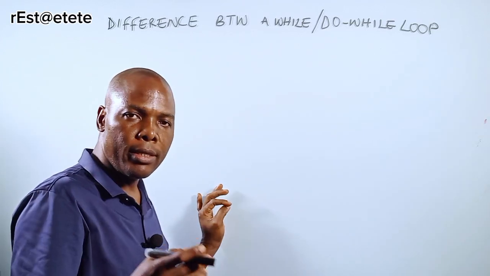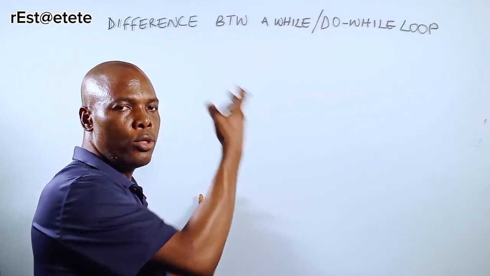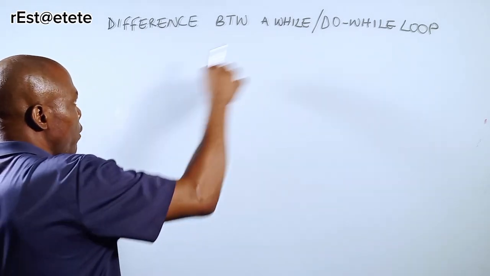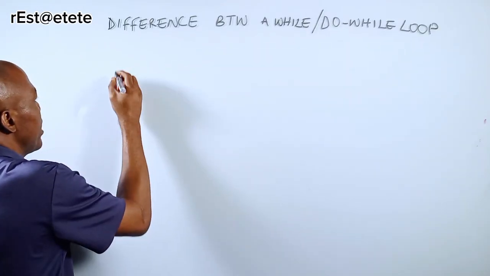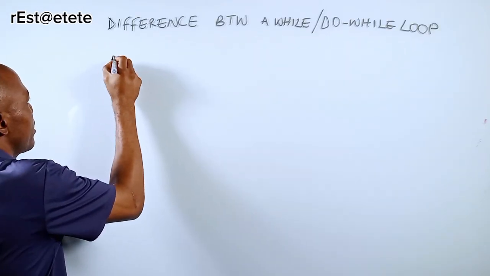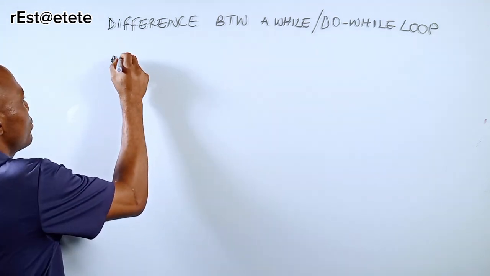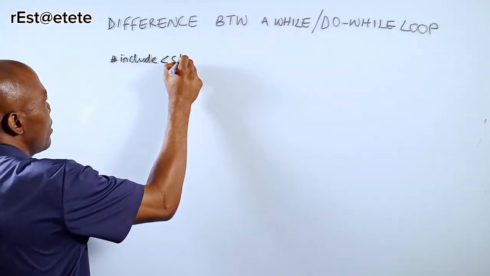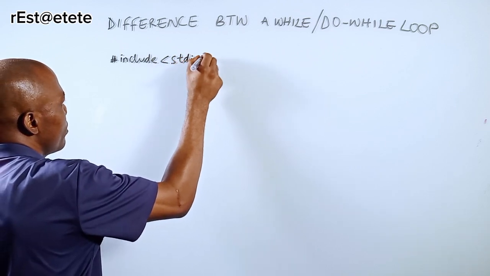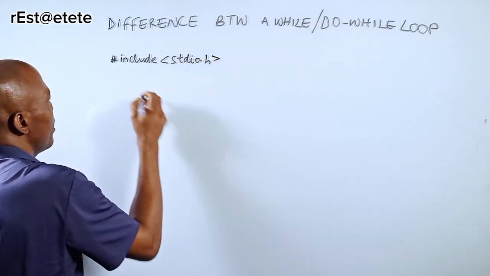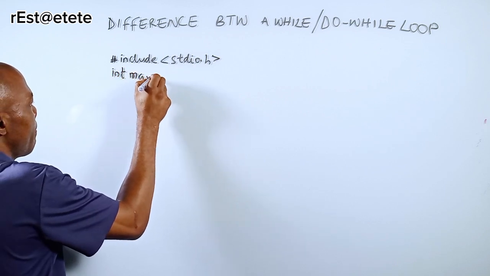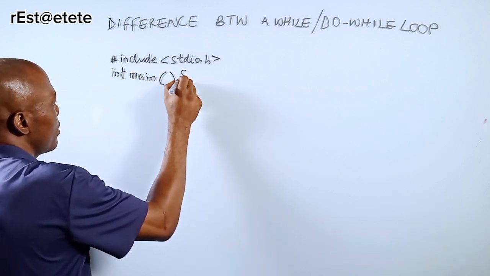I'm going to write the same program using these two loops. For the while loop, I will include stdio.h, and then I'll write int main, the main function.